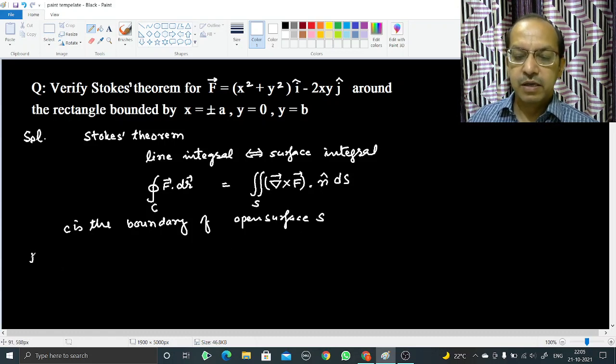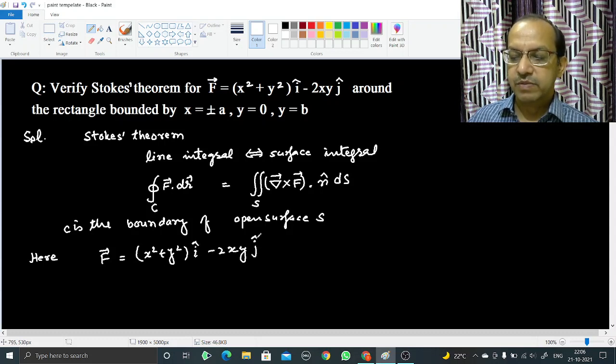Now here F is given as (x² + y²) i cap minus 2xy j cap. So first we will evaluate the left hand side of the theorem, F dot dr. Here r is the position vector, so it will be x i cap plus y j cap plus z k cap.